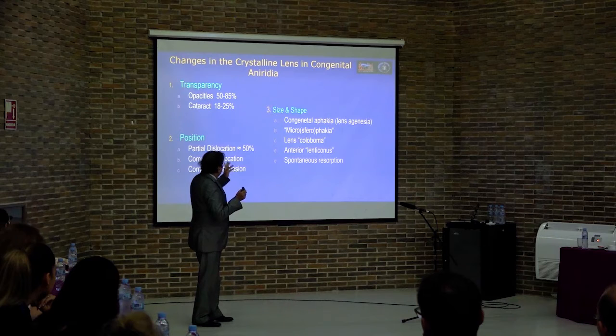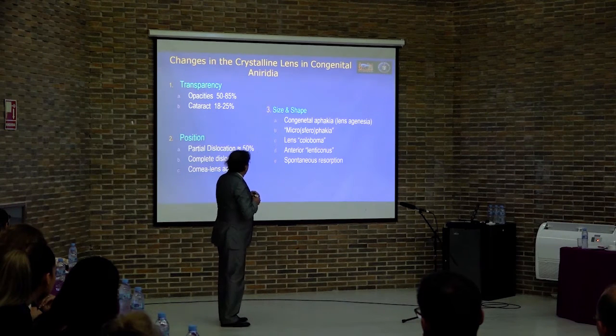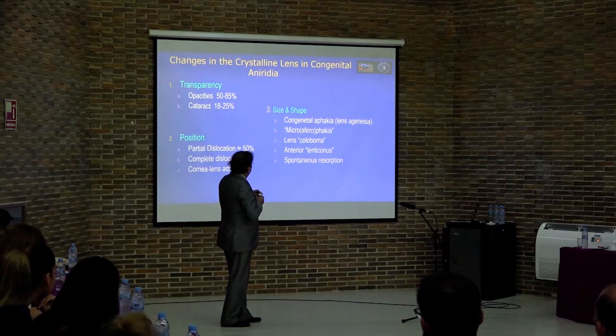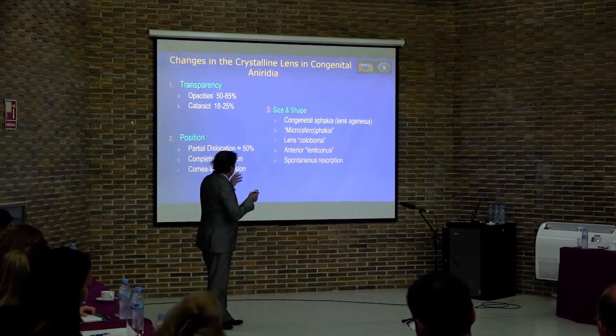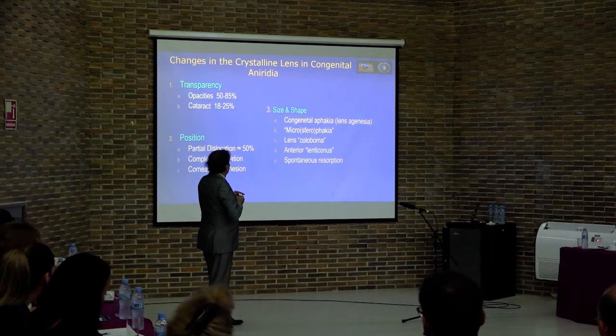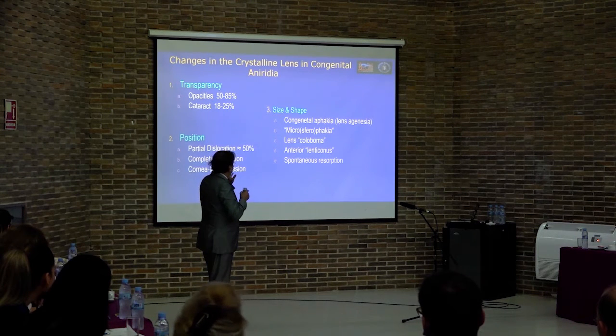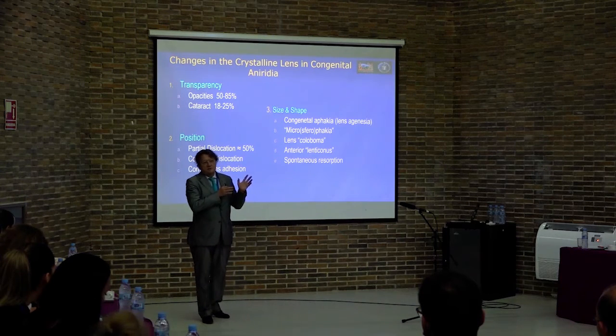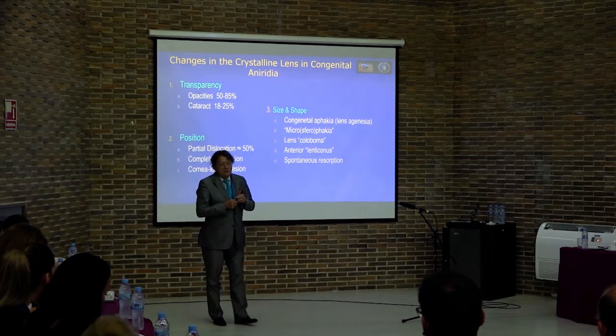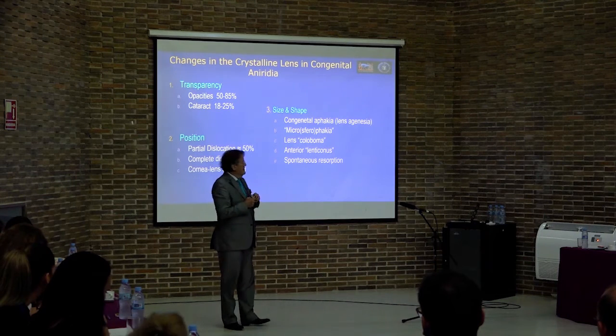And then we will have also some problems with size and shape, which range from congenital aphakia all the way to resorption of a cataract. And of course, one of the things is to characterize the morphology of these changes, but the mechanism is sometimes not so easy to decide.